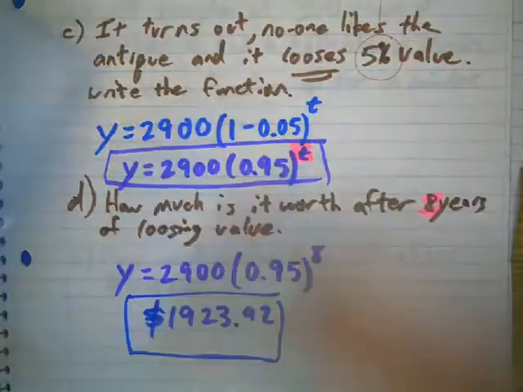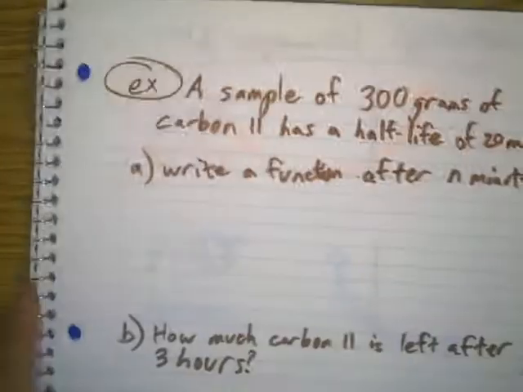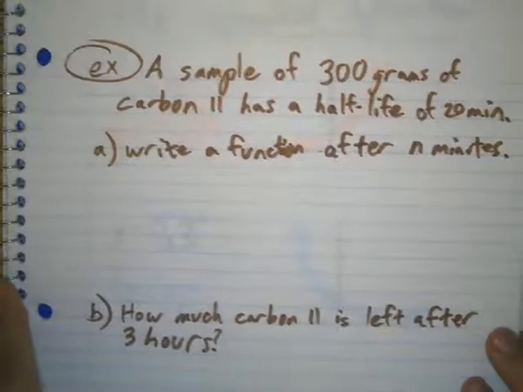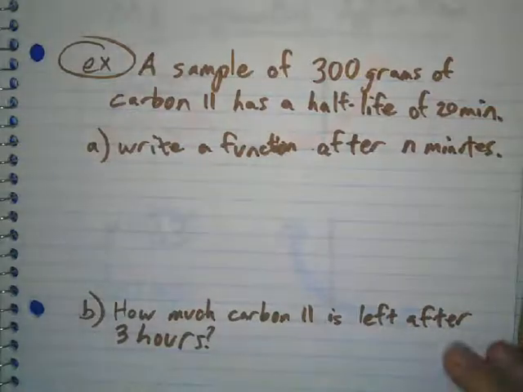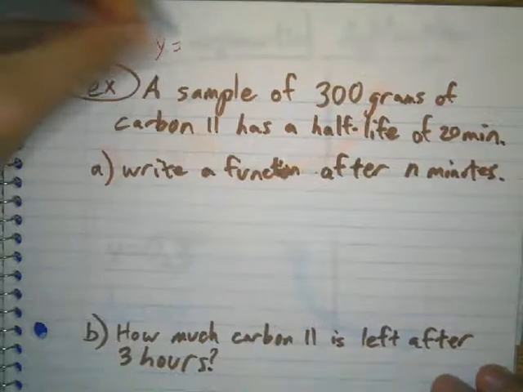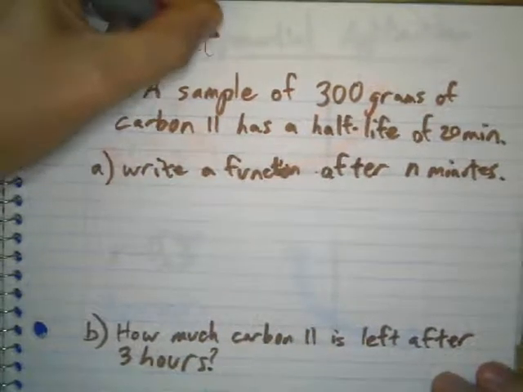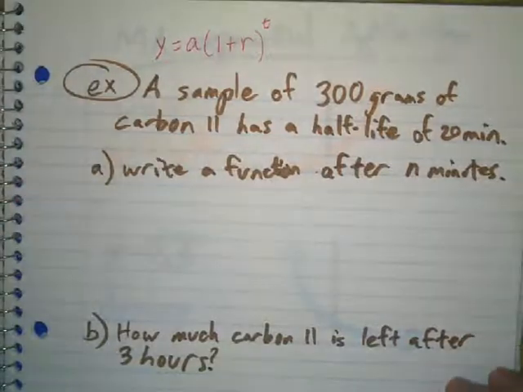Okay, let's do one more example. So you've got 300 grams of carbon-11, and it's got a half-life of 20 minutes. Write an equation to do this. Okay, so remember, we were using y equals a times 1 plus r to the power of t. Now, think about it for a second.